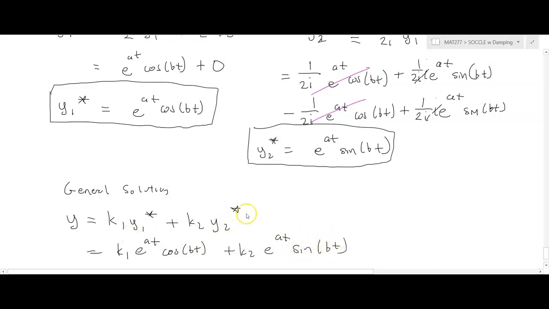We just have them mixed up with the k1s and k2s, but you notice this is exactly the same solution that we claimed was the solution to a system with complex numbers.